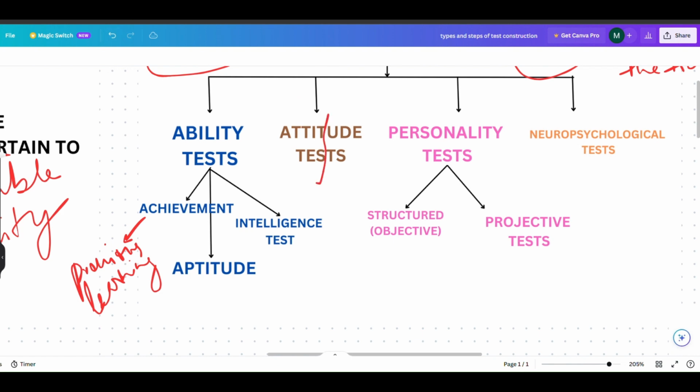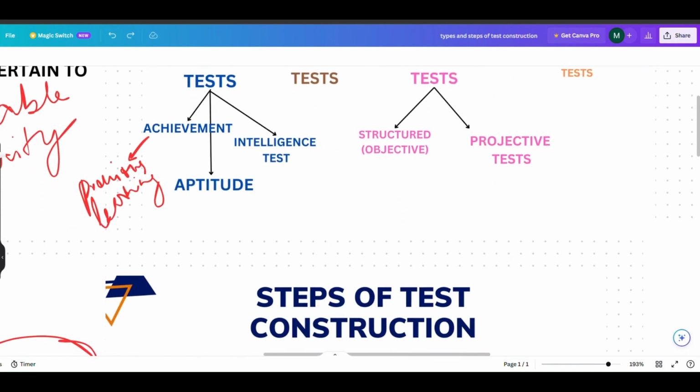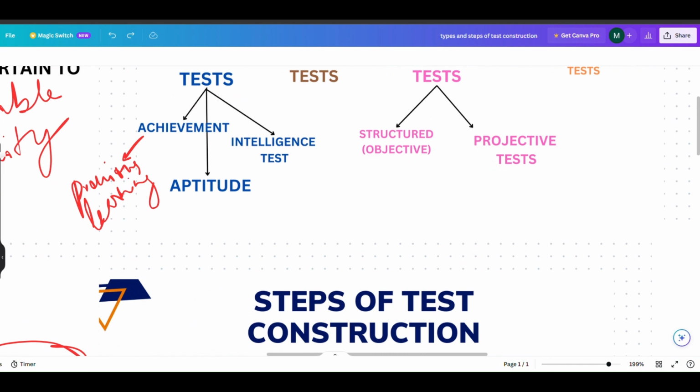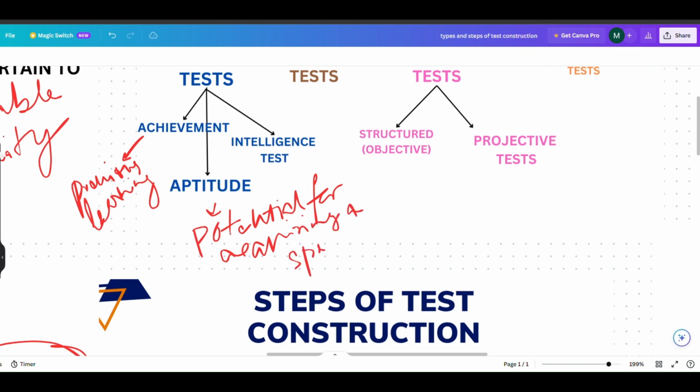Aptitude test is something which measures potential for acquiring a specific skill.